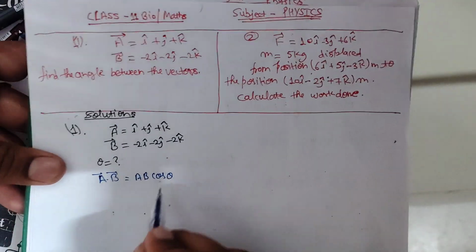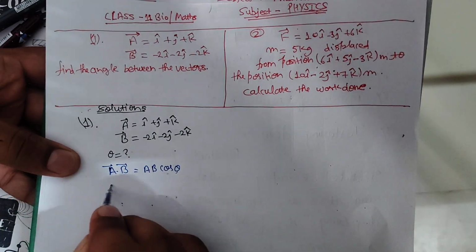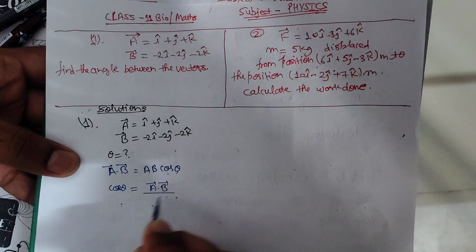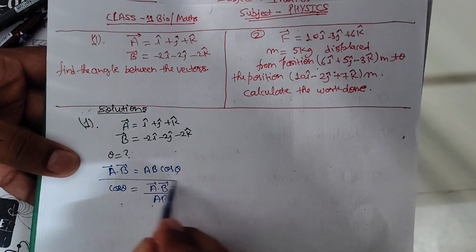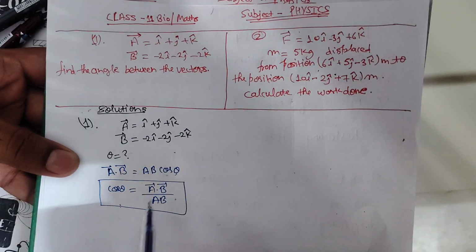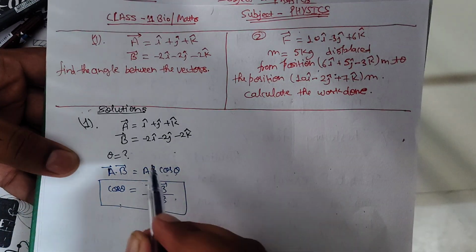The aim is to determine the value of theta, so we can write cos theta is equal to a dot b upon ab, where a and b are the moduli of vector a and vector b, and a dot b is the scalar product of vector a and vector b.